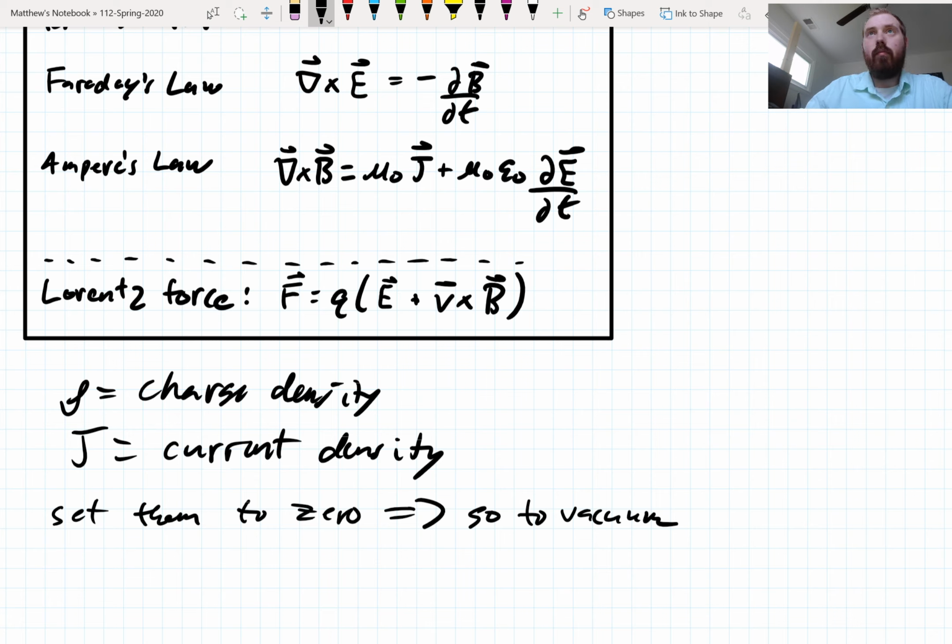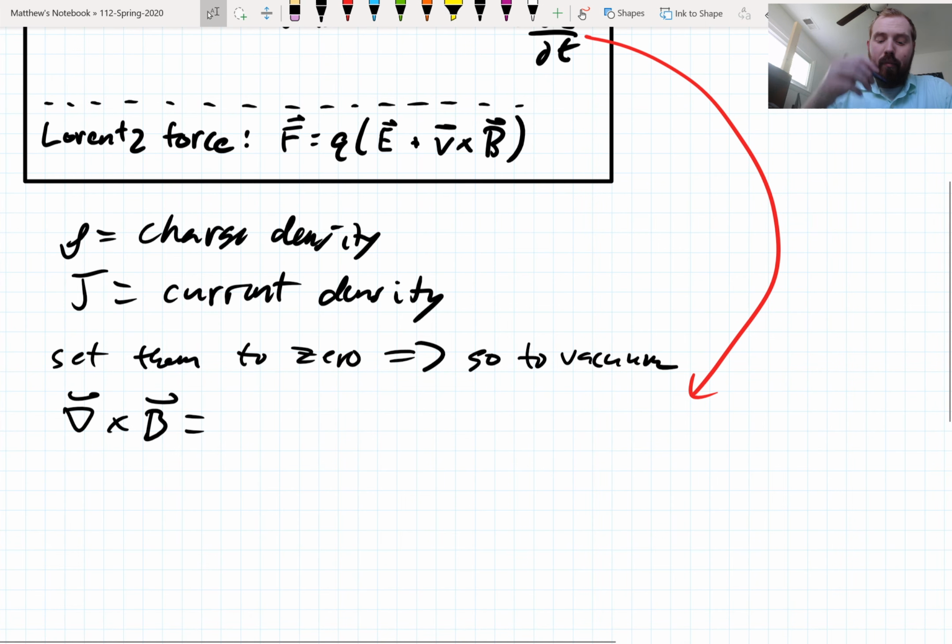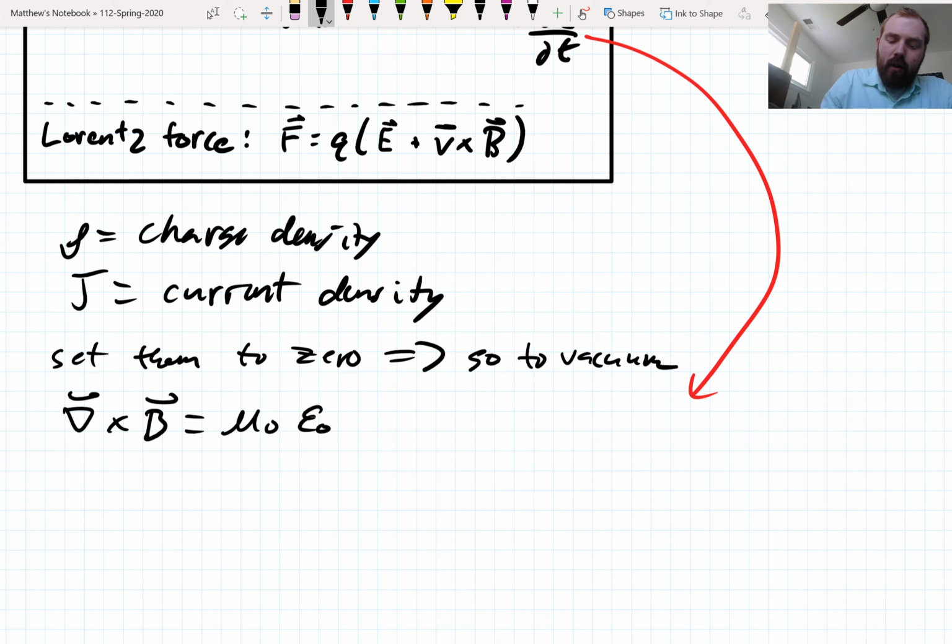And what happens there? Well, this equation changes to just del cross B. This means the curling, a rotating magnetic field, is generated by a mu naught epsilon naught del E del t.